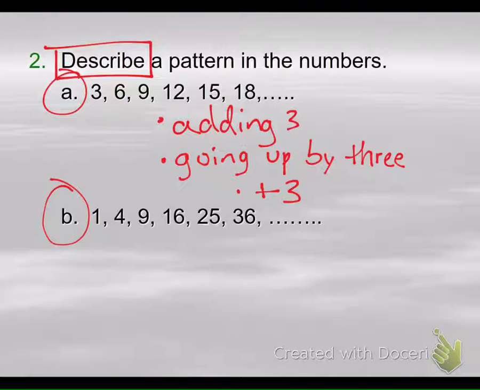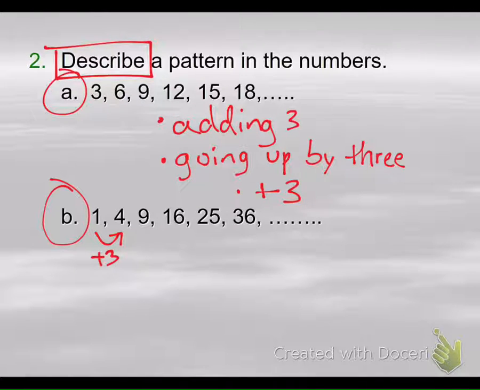Anyone having ideas? All right, if you don't know, just focus in on 2 numbers at a time. So what's one way to get from 1 to 4? You could add 3. Okay.